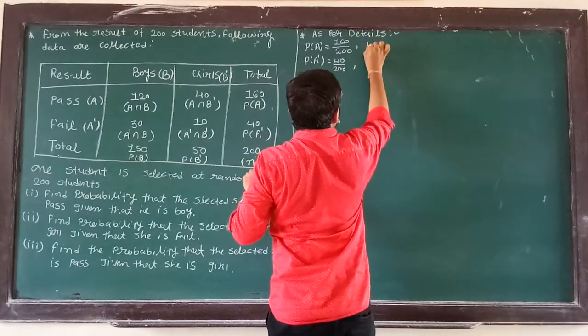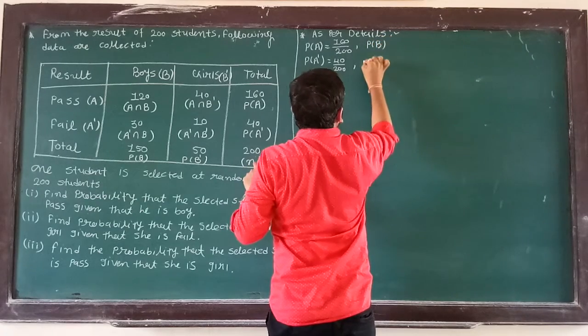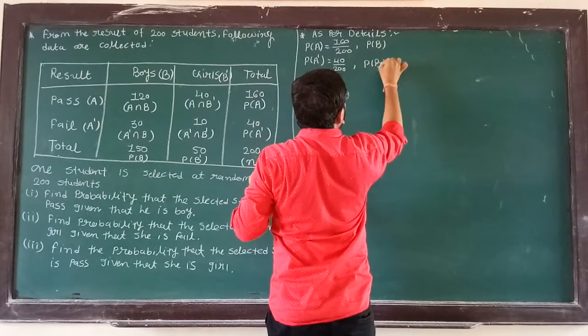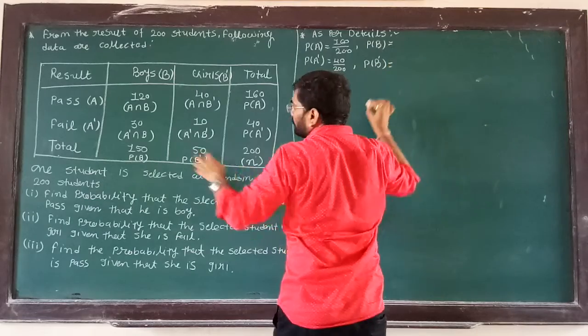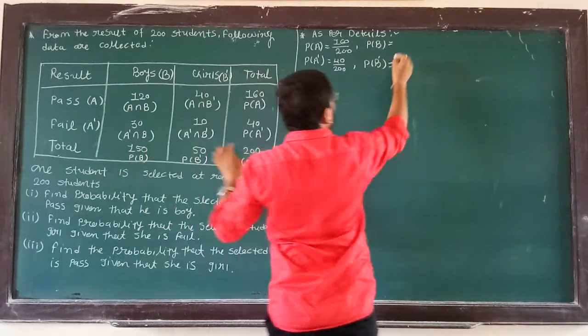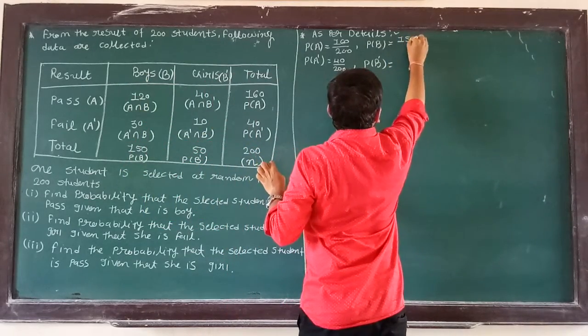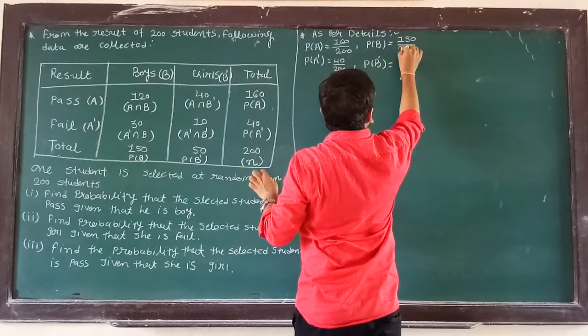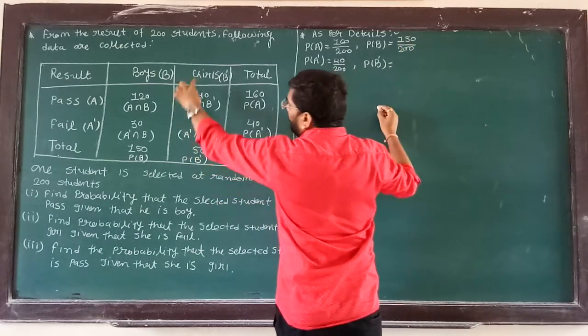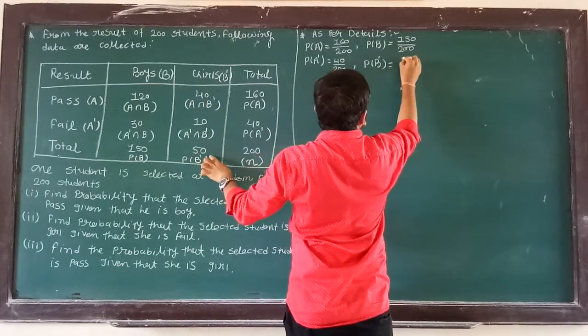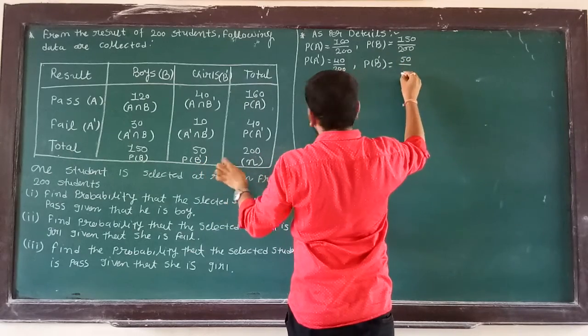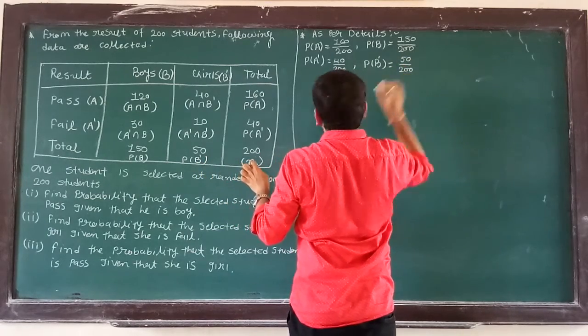Now P of B and P of B dash. P of B is 150, total is 200. B dash is 50, total 200.